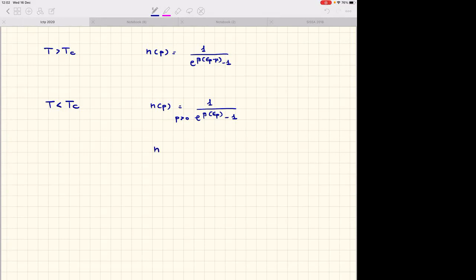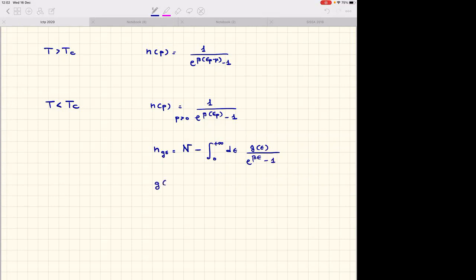For P equals 0, the ground state, n is instead equal to N, the total number of particles, minus the integral between 0 and plus infinity d epsilon g of epsilon over e to the beta epsilon minus 1.